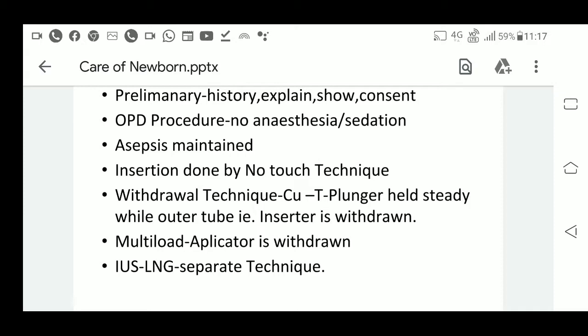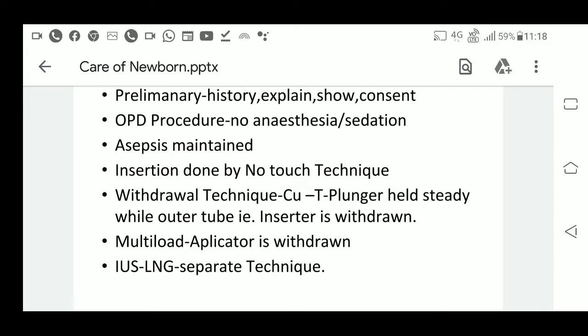There are two methods of introducing the IUCD. One is the withdrawal technique and another is just insert. In the withdrawal technique, first we do the PV examination and find out the uterine size and the flexion and version, and the total uterocervical length is noted.